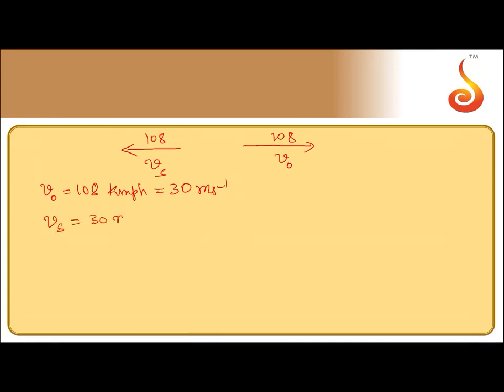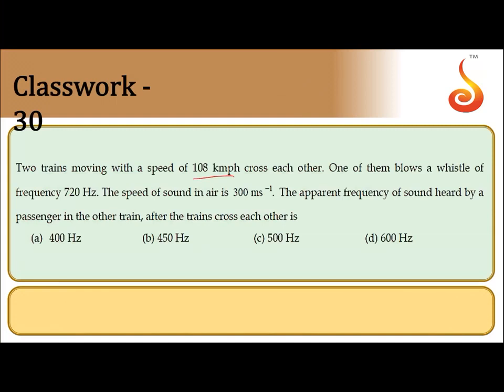So velocity of source is also 30 meter per second. So both are moving here. Both are moving away from each other. So the apparent frequency f dash is equal to V minus Vo, observer, divided by V plus Vs into f. So substitute V.